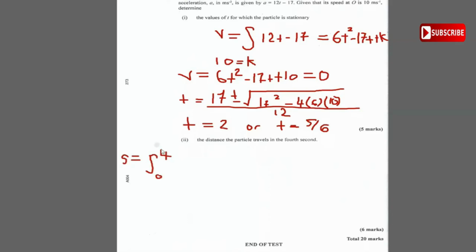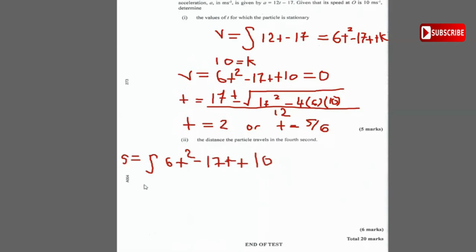So let's just find S of t first. S of t is going to be equal to the integral of 6t squared minus 17t plus 10.